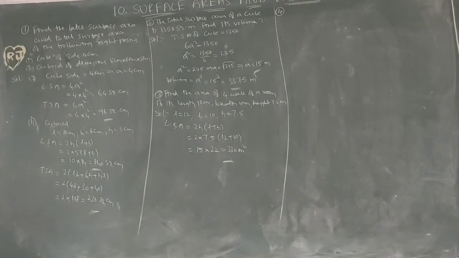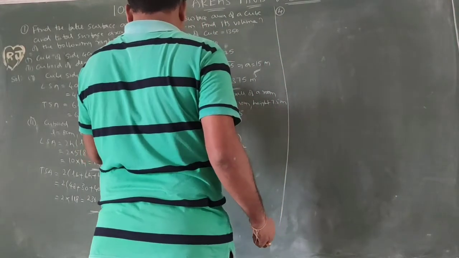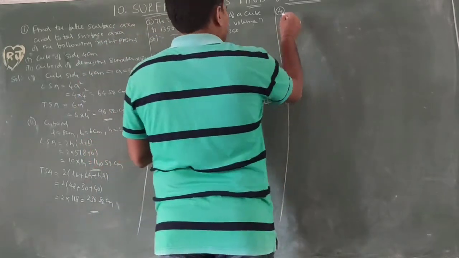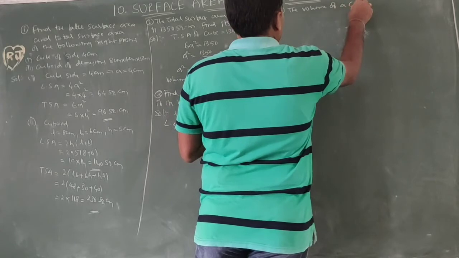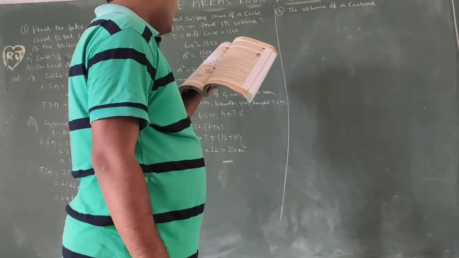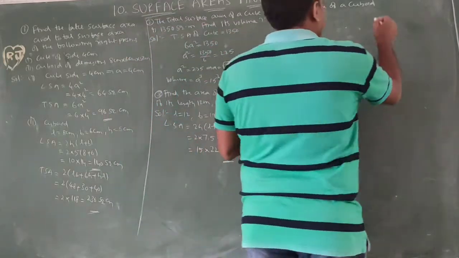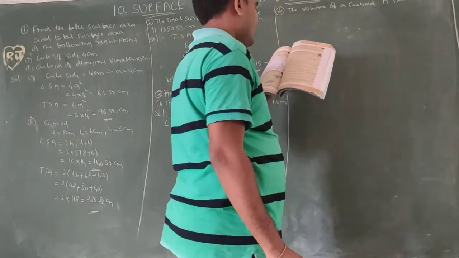Okay. Next question number 4. So fourth question is, the volume of a cuboid is 1200 centimeter cube.